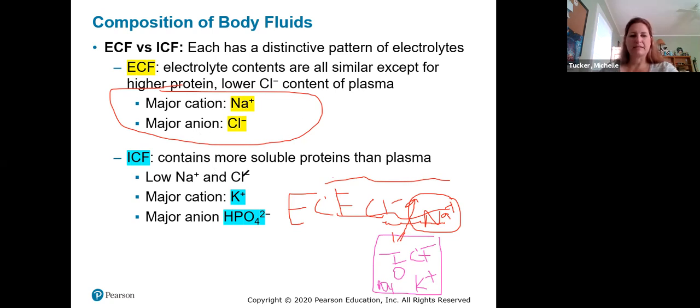And then intracellularly, the major cation is potassium and the major anion is phosphate. So we have our fluid compartments. We've talked about how electrolytes, so ions, are the main contributors to fluid balance. And now we're talking about the major players for each compartment.